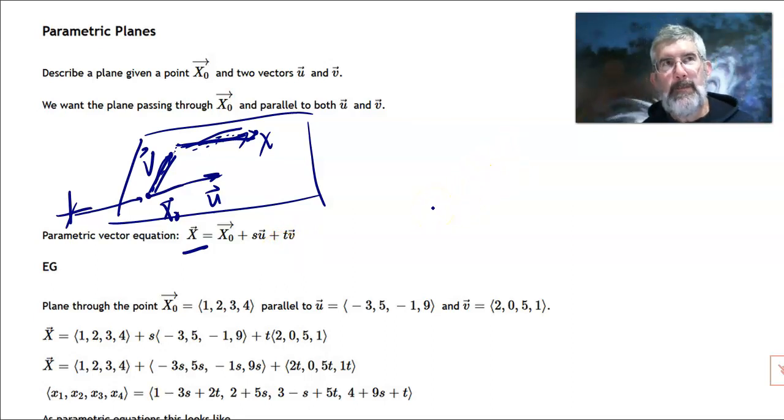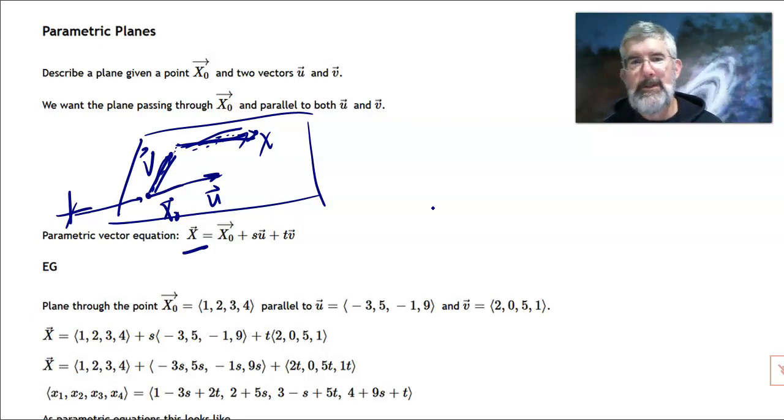Our textbook gives this as a theorem in R3 that planes can be described this way, and then in the next paragraph says, here's a definition of how to do it in Rn. They don't call it a theorem in Rn, they call it a definition. It's like, assuming they know something about the geometry, they're saying, here's what we want the geometry to be. We want it to be the same.